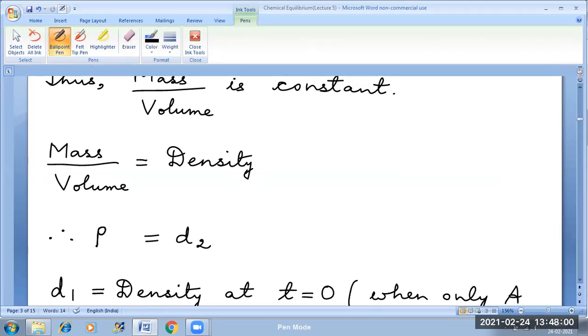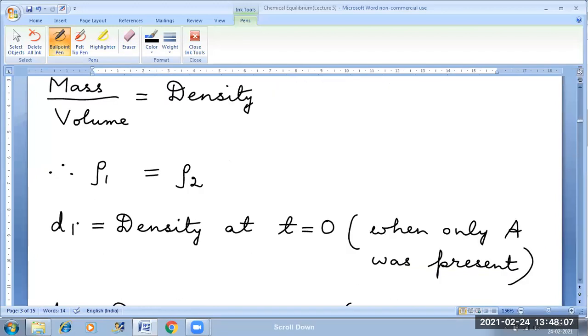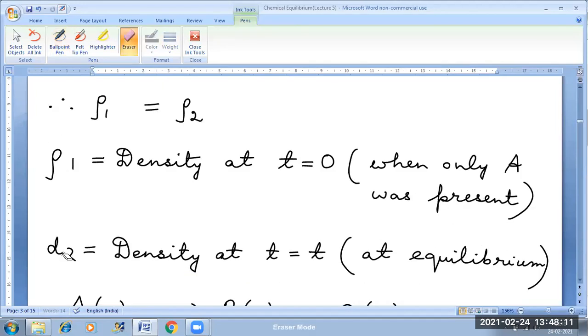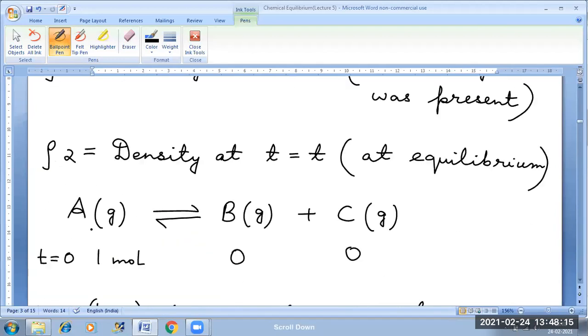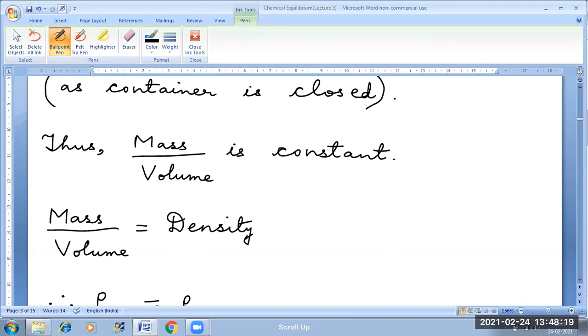Now use notation rho 1 and rho 2 for density, because D we have already used, so in order to avoid confusion. So mass upon volume is equal to density, which is nothing but rho.